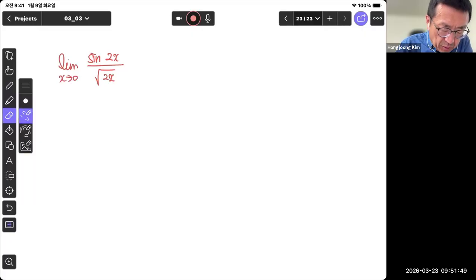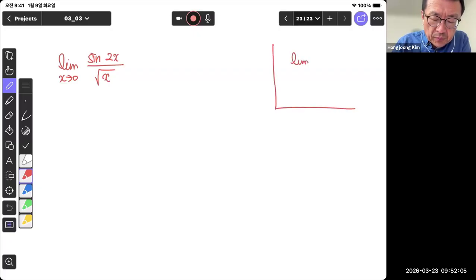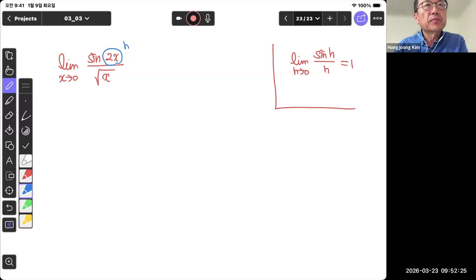So let us first recall the formula: the limit of sine h over h as h goes to 0 is 1. That is the formula. So in the given problem, I have sine 2x. So this 2x will correspond to h.